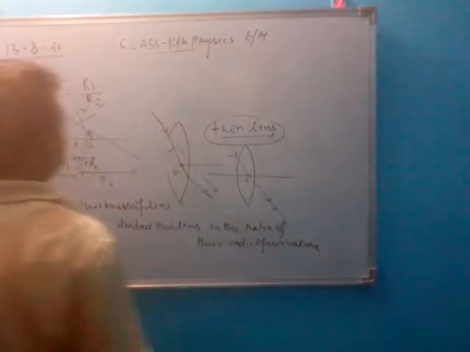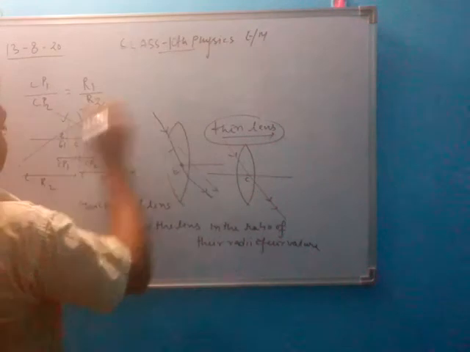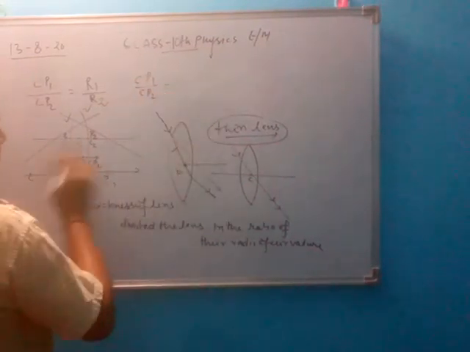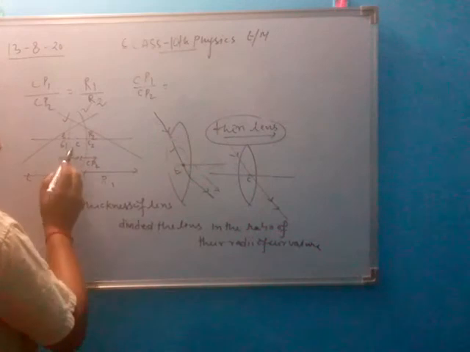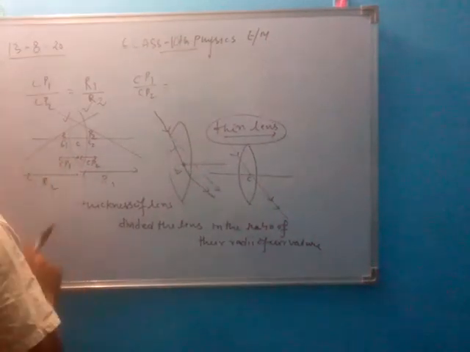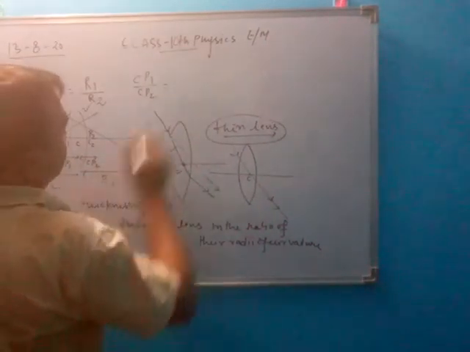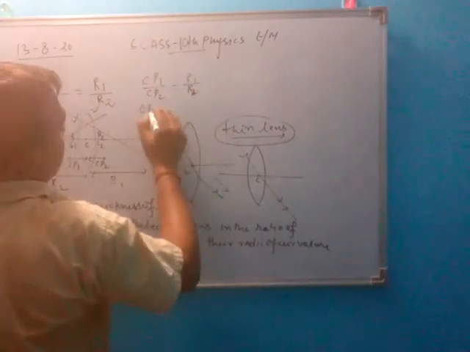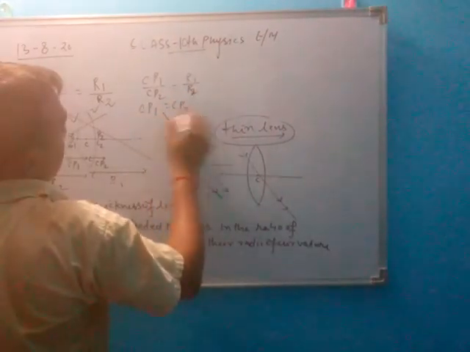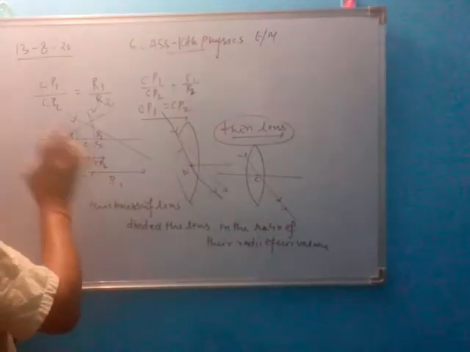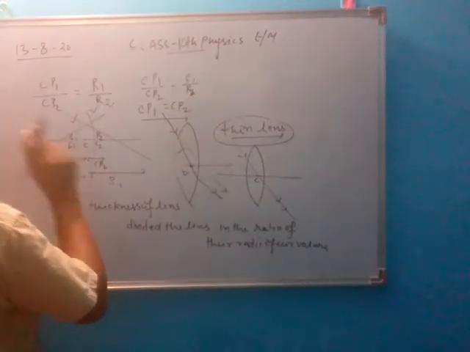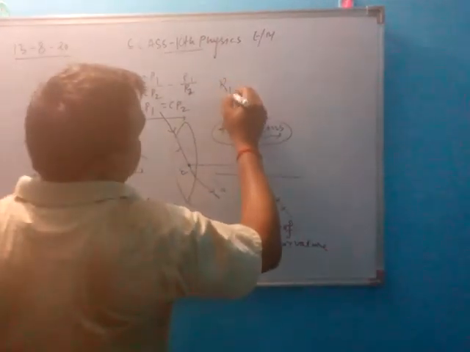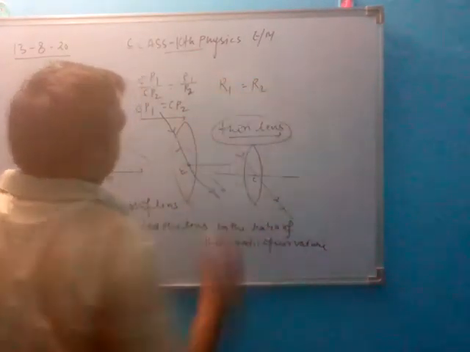If CP1 is equal to CP2, then in this condition the optical center is just at the midpoint of the lens. CP1 equal to CP2 represents that the optical center is situated at the mid part of the lens, but it is only possible when R1 is equal to R2.